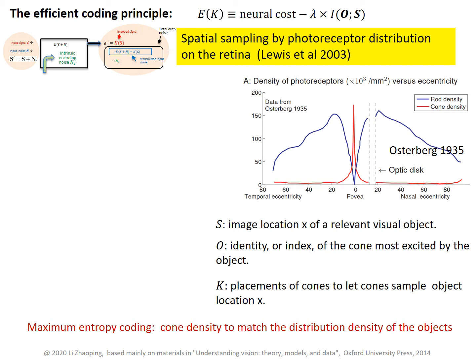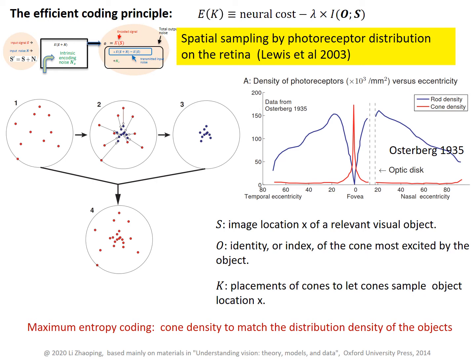So what is the probability density of objects on the retina? Here, let me just explain the intuition without going through the mathematical derivations, which you can look up in the book. The idea is that a priori, the objects can appear anywhere on the retina. For example, this is the retinal space, so all the retinal locations, and these red dots are samples of object locations on the retina. They can be anywhere.